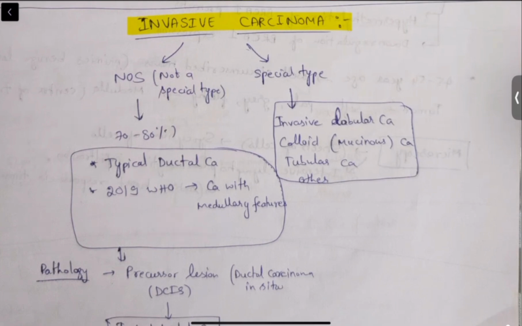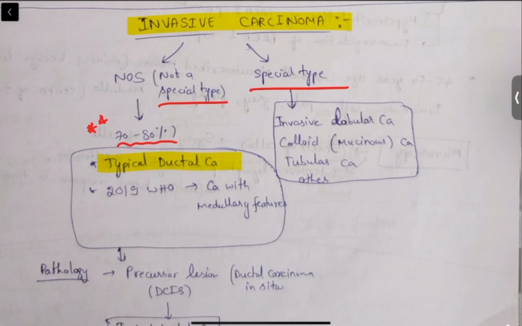Invasive carcinoma is classified into two types basically. The one which is not a special type, and this is the most common type. So 70 to 80% of invasive cancer is of no special type, that is typical ductal carcinoma. And the other classification is invasive carcinoma of special type.